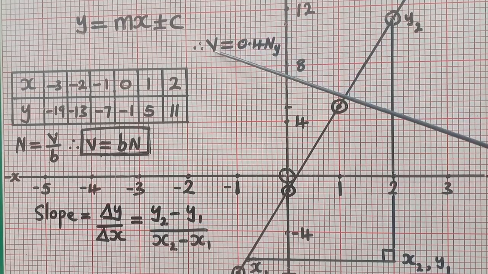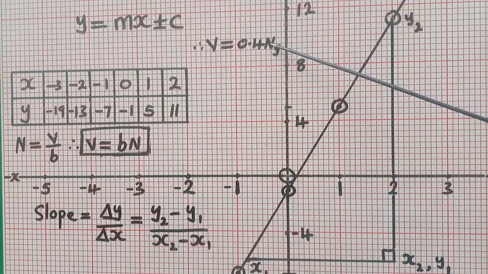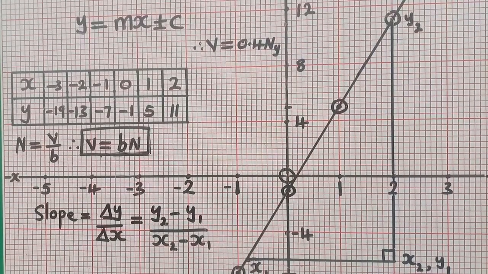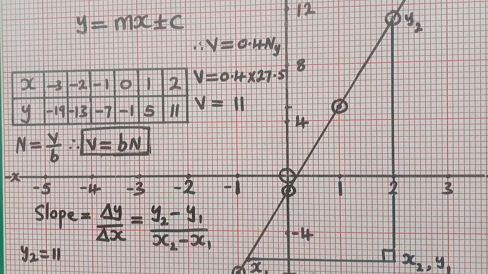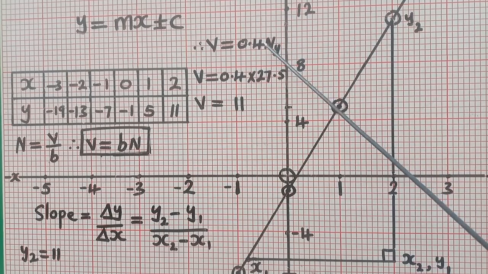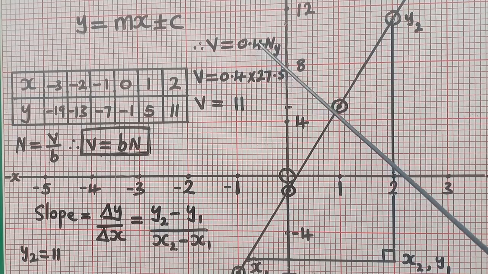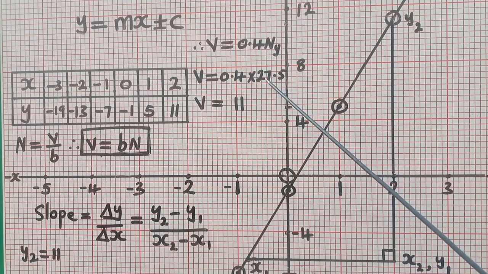Let us now know the value at this point by putting 27.5 in place of this ny. Since ny is 27.5, 0.4 is still where it is. 0.4 ny means 0.4 times whatever ny is, and we counted ny to be 27.5, so we place it here.